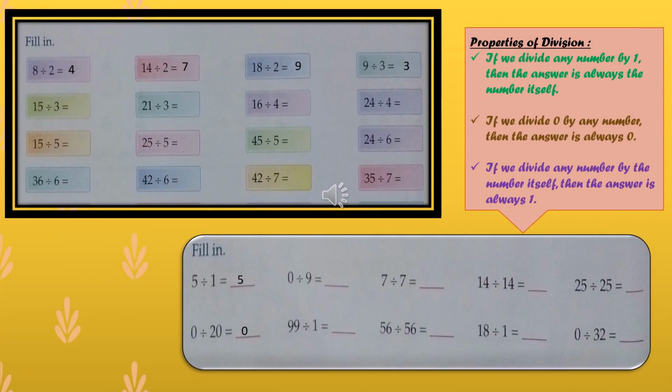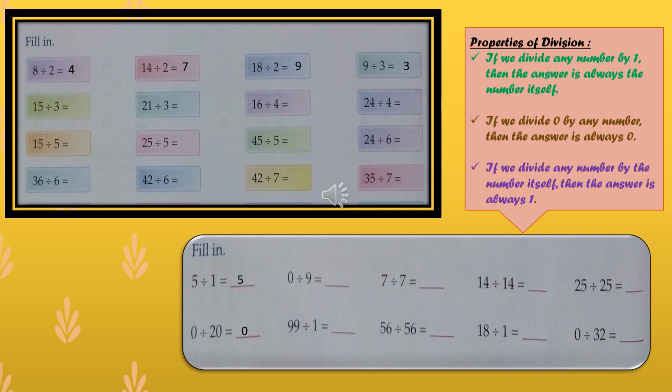Now children, let's solve the sums of division. See children, I told you that for division we use multiplication tables, right? So here is the example. First one is 8 divided by 2.